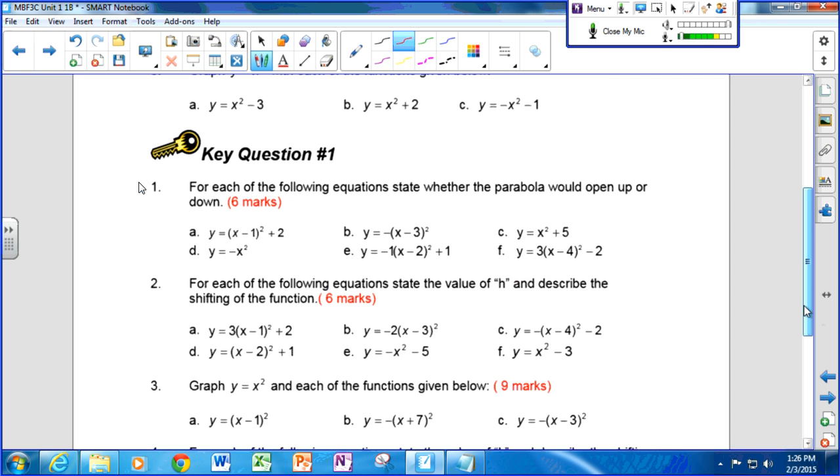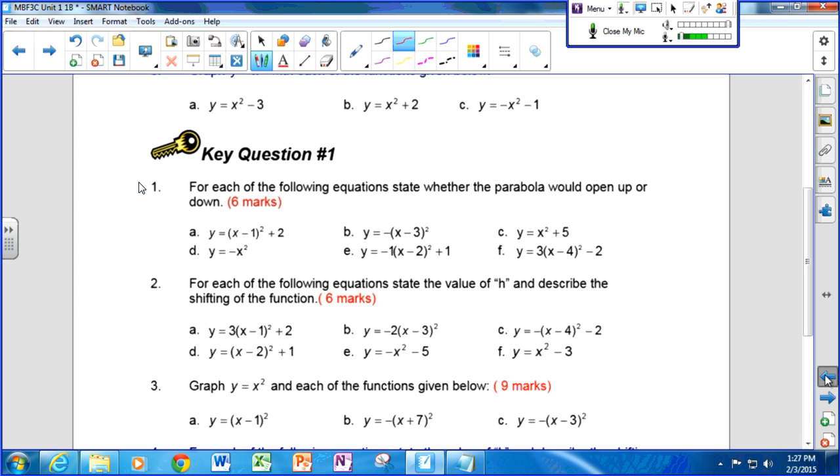Notice it says for each of the following equations, state whether the parabola would open up or down. Pretty well identical looking problems. As a matter of fact, one of them looks exactly like one we just did.